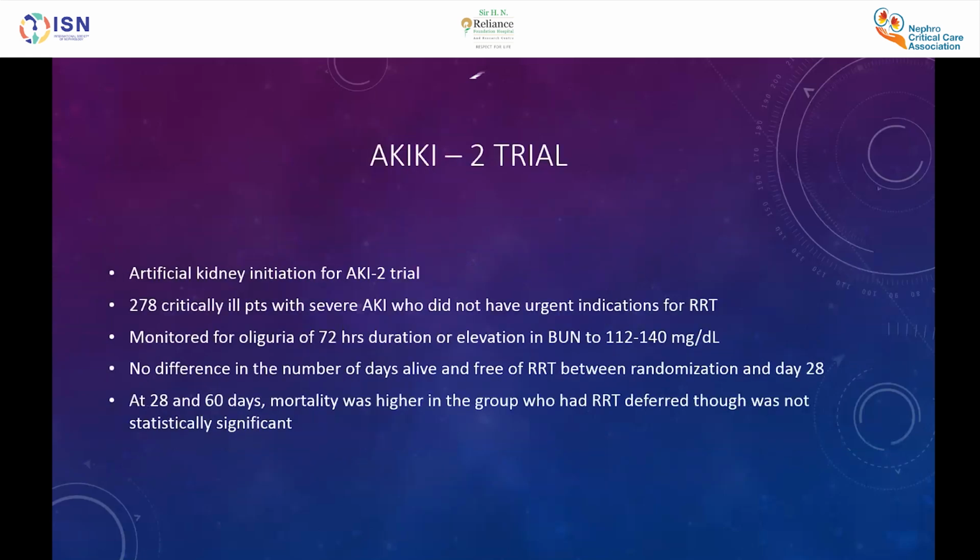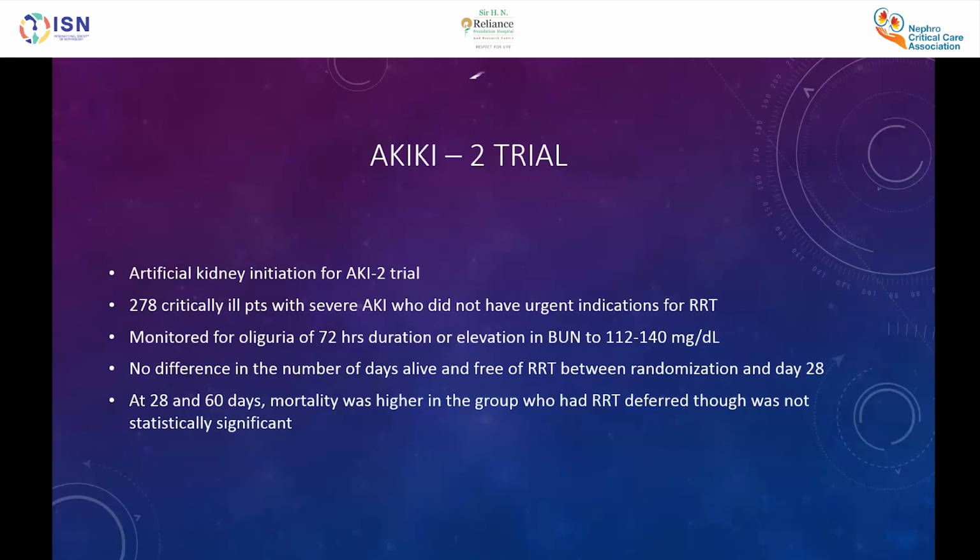There was the AKIKI 2 trial, that's Artificial Kidney Initiation in Kidney Injury, where 278 critically ill patients with severe AKI were included, who did not have any urgent indications for renal replacement therapy. They were monitored for oliguria for almost 72 hours, or for an elevation in BUN to around 112 to 140 milligram per deciliter.